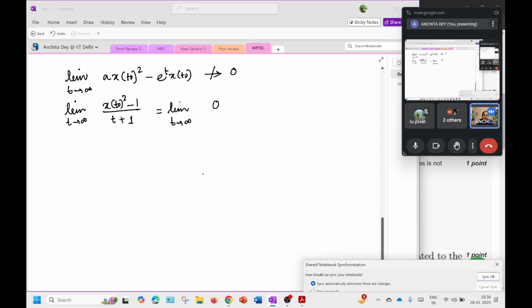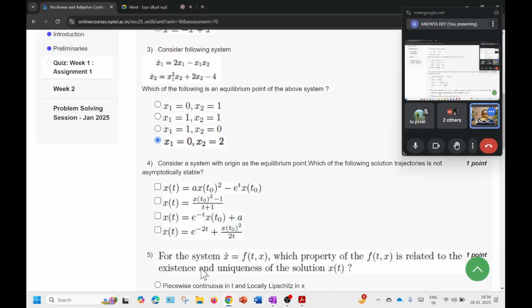The internet is massively slow. But okay, let's look at the next option. We have the limit as t tends to infinity of e to the power minus t x(t0) plus a. Now, can you tell me what would be the answer?